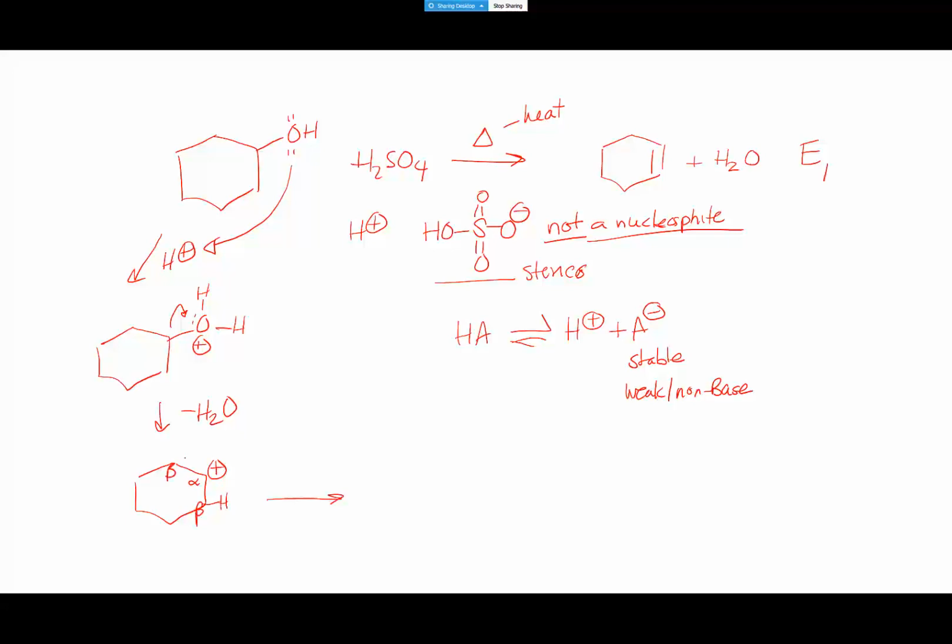Do they have hydrogens? Yes, there's 2 beta hydrogens. Which one am I going to lose? The top beta hydrogen or the bottom beta hydrogen? Either one, because I'm going to form the same product. So I lose my H plus, either one of those beta hydrogens, and so now I'm going to form my double bond.